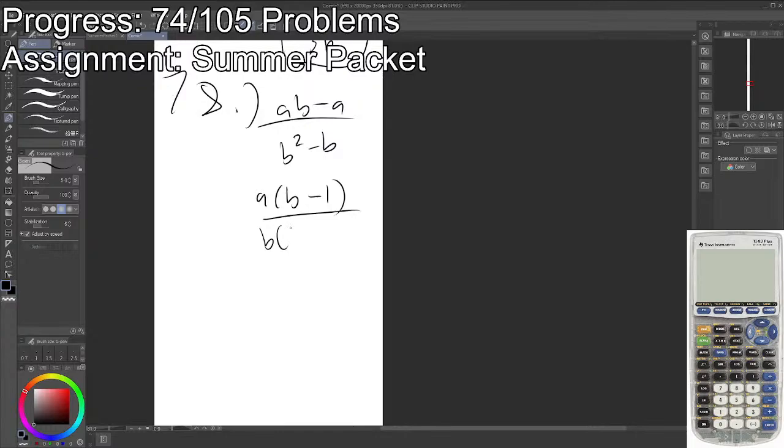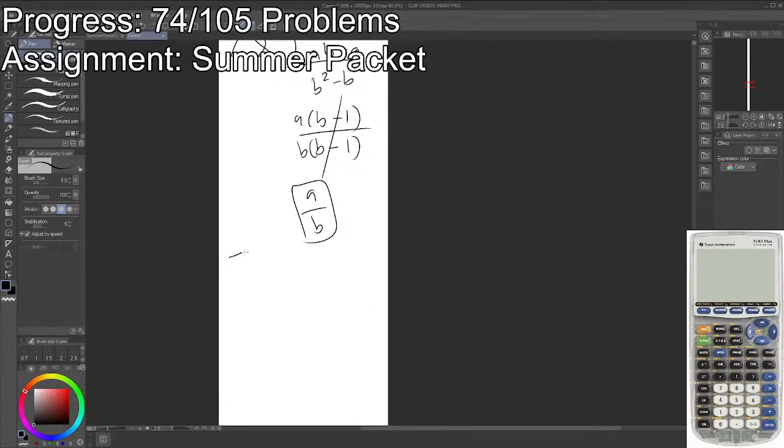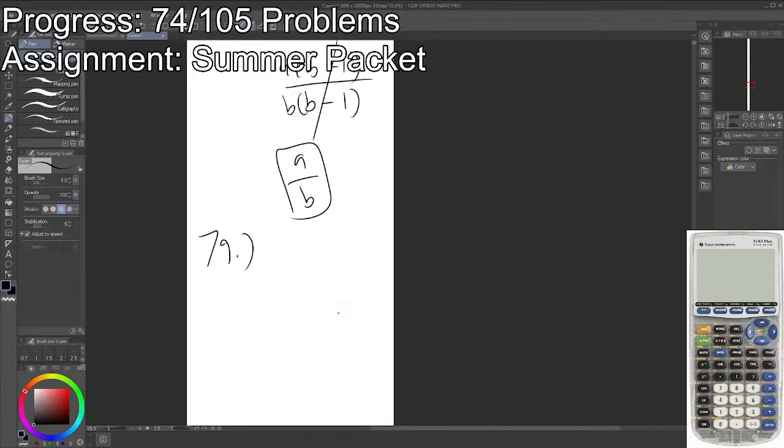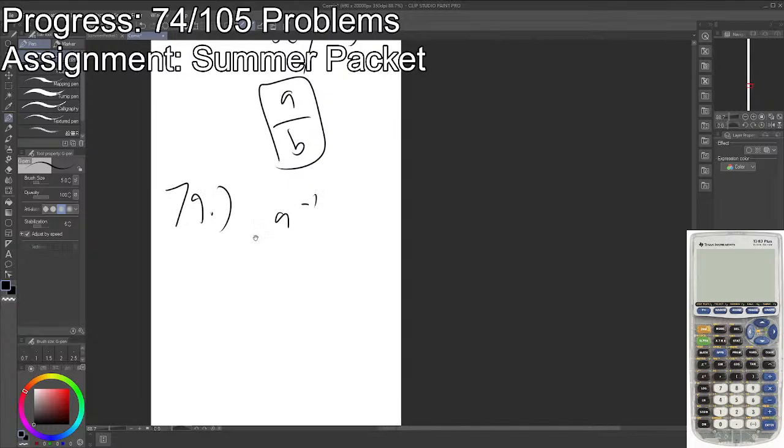I'm seeing something. Yeah. I don't know how much this has to do with the laws of exponents. Yeah, here we go. We're getting somewhere.